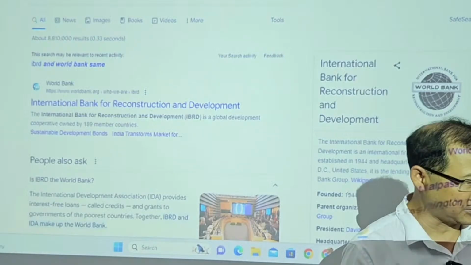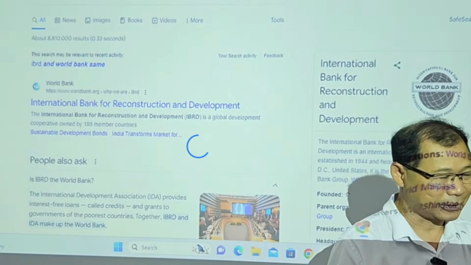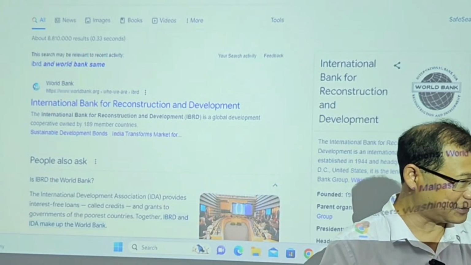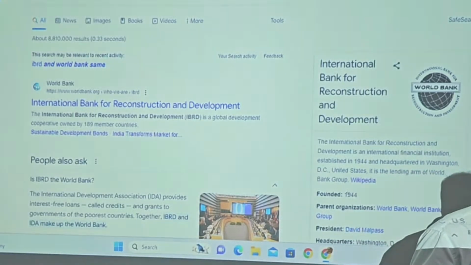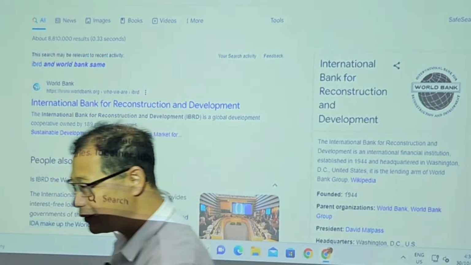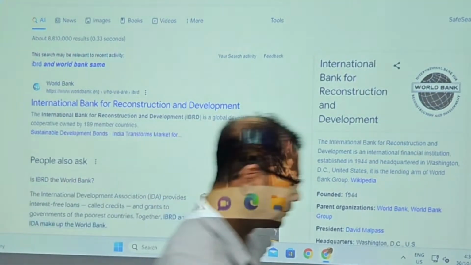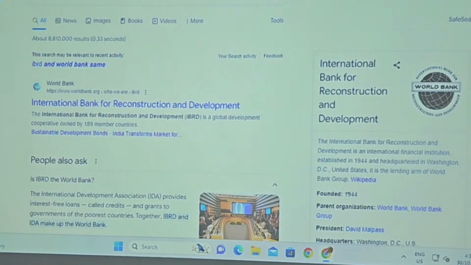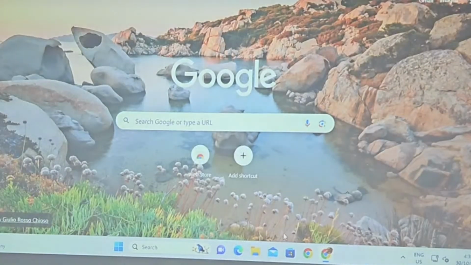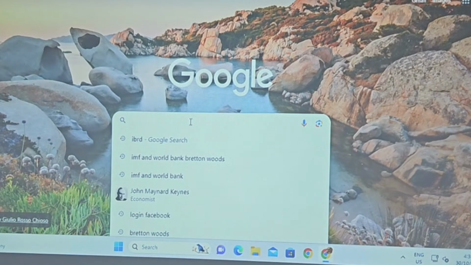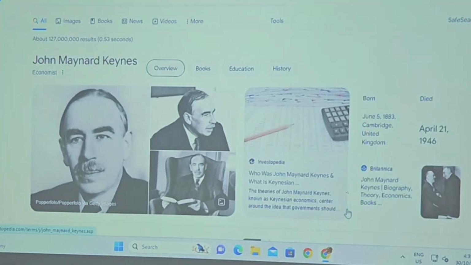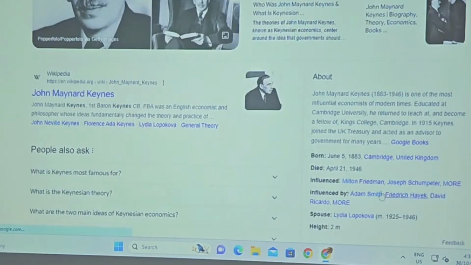So until today, I can say, he did not know there is a World Bank or an IMF, because he passed away. He died April 21, 1946.